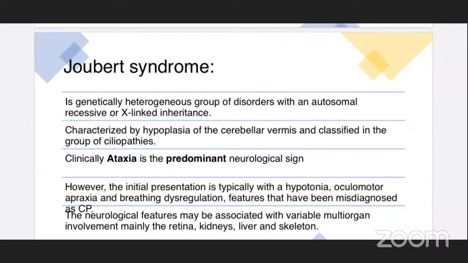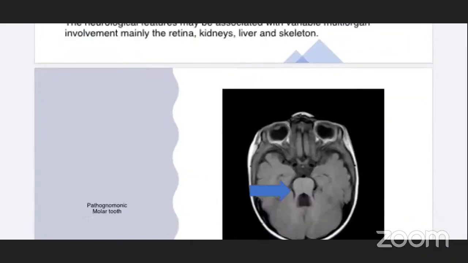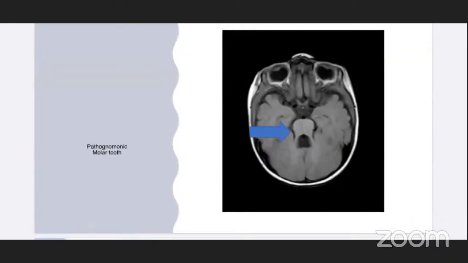As it affects the cerebellar vermis, the patient would present with ataxia, mainly truncal ataxia. Clinically, ataxia is the predominant neurological sign, and the pathognomonic feature for Joubert syndrome on MRI is the molar tooth sign.